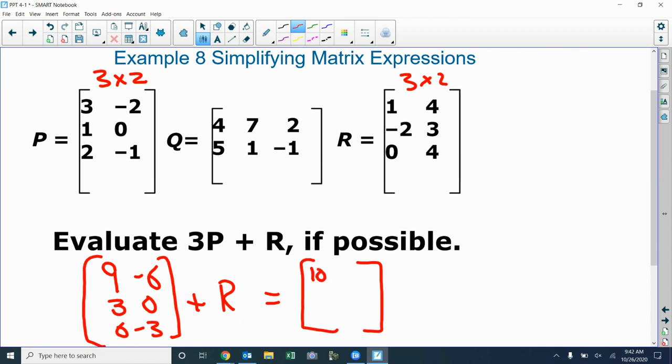Negative 6 and 4 gives me negative 2. 3 and negative 2 give me uno here. 0 and 3 give me 3. 6 and 0. Looks like I'm getting 6. Negative 3 and 4 gives me 1. And there I used a scalar and did the same stuff. So that scalar is what? Just kind of like distributed, isn't it?